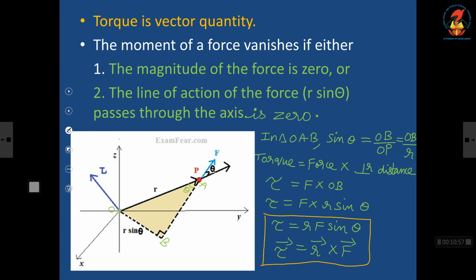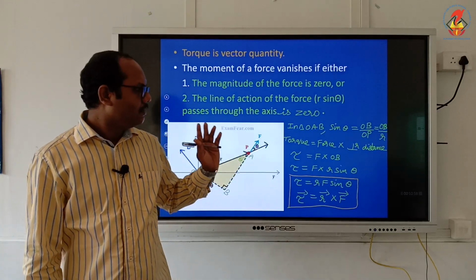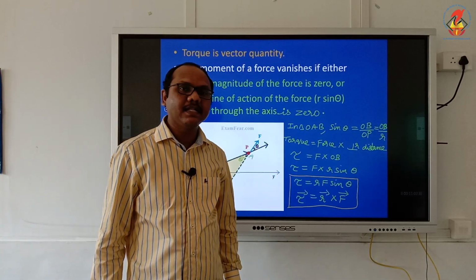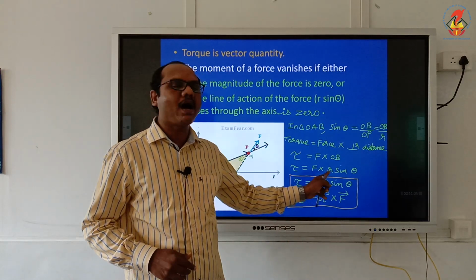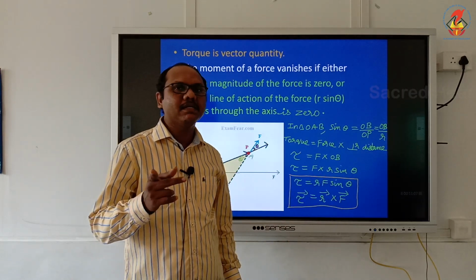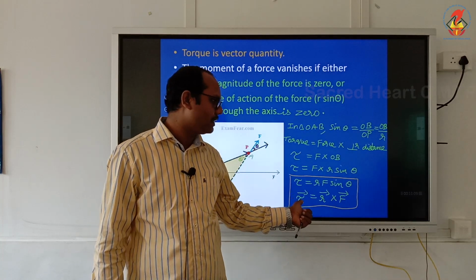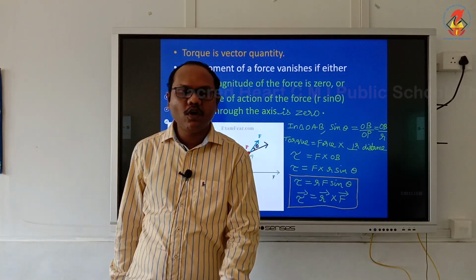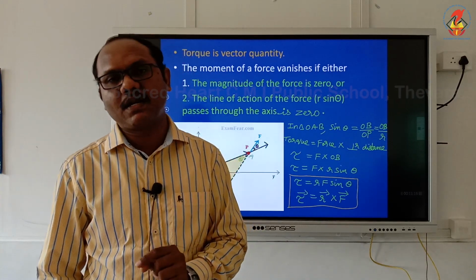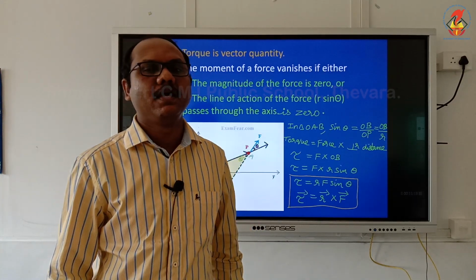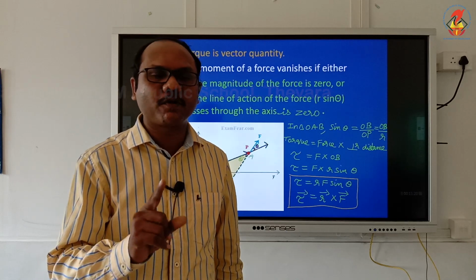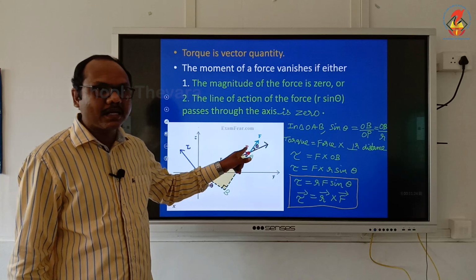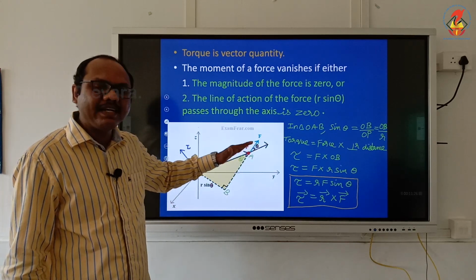So, here I wrote tau is equal to F into r sin theta, then I made it tau is equal to rF sin theta, and AB sin theta is A cross B, so vector tau is equal to vector r cross vector F. I am not writing F cross r. Why? Because we studied that cross product is anti-commutative. Here first I kept a particle and there is a position vector.